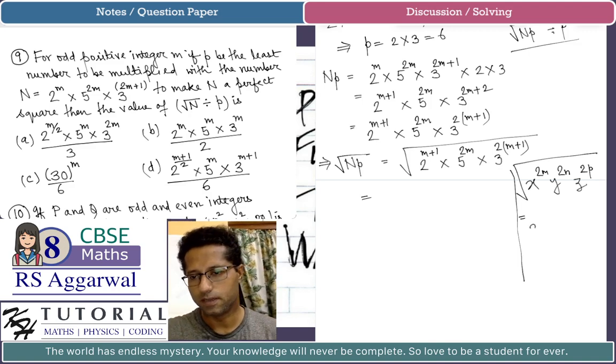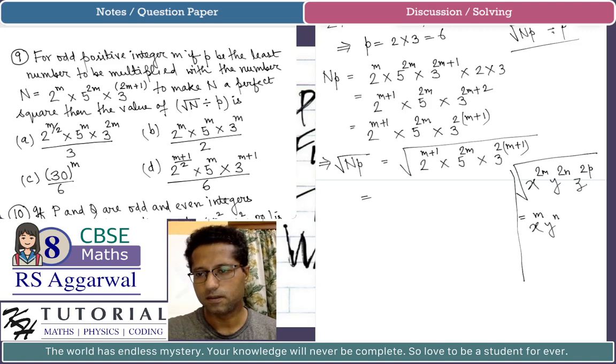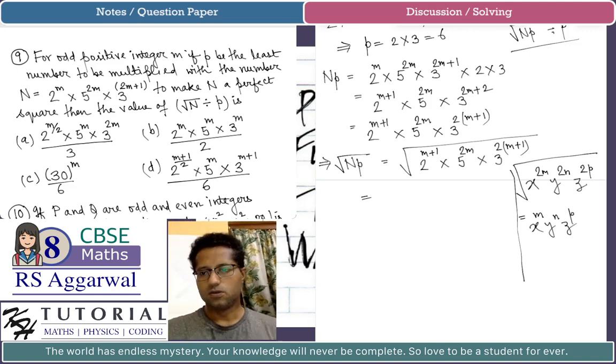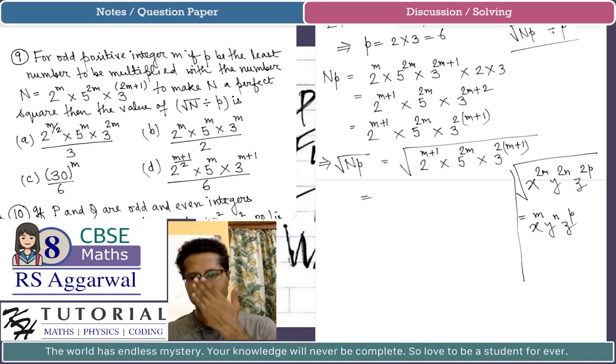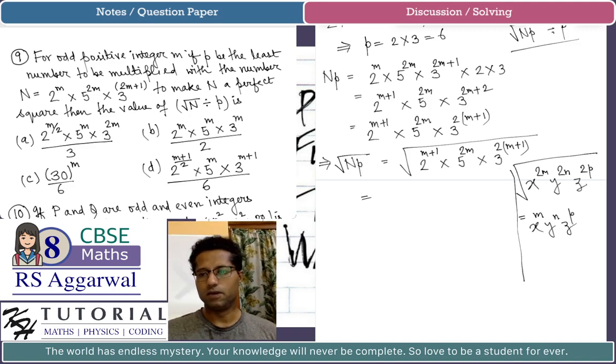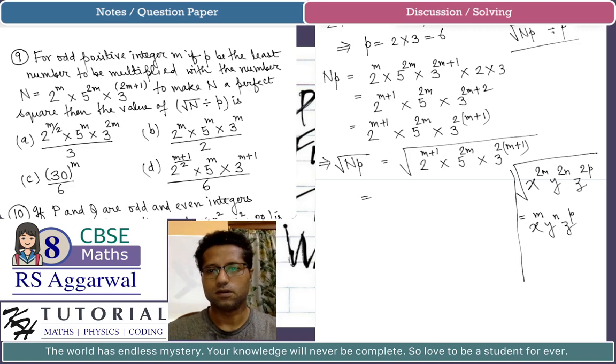So the square root of x to the power 2m multiplied by y to the power 2n multiplied by z to the power 2p will be equal to x to the power m multiplied by y to the power n and z to the power p. This is a very standard result you should understand or remember.